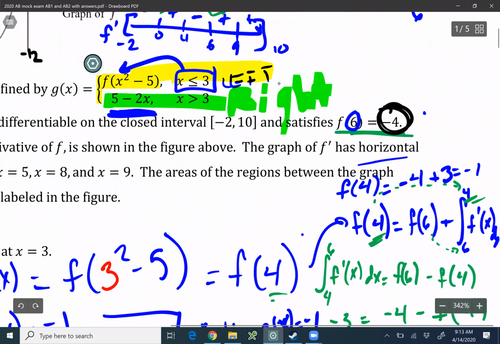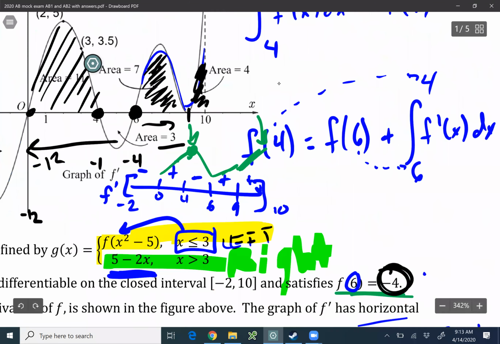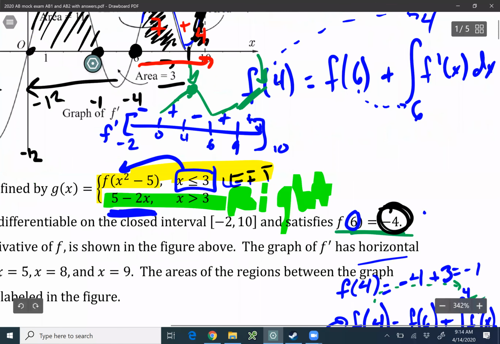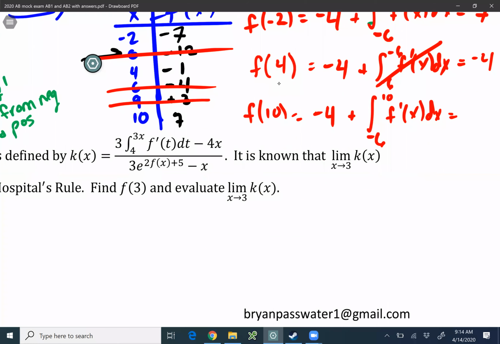And then that area from 6 all the way to 10 was 7 and 4. So 7 plus 4, which is 11. So negative 4 plus 11 is positive 7.